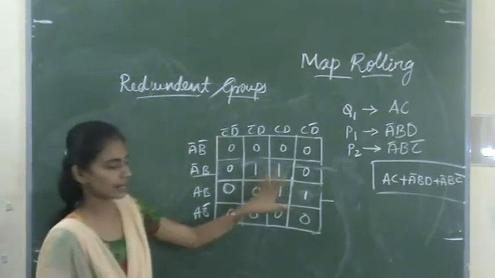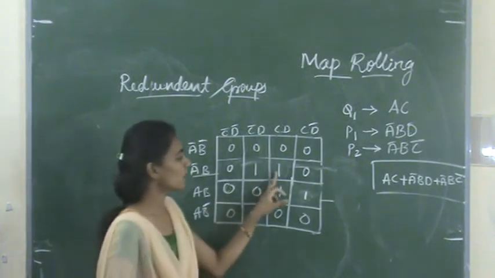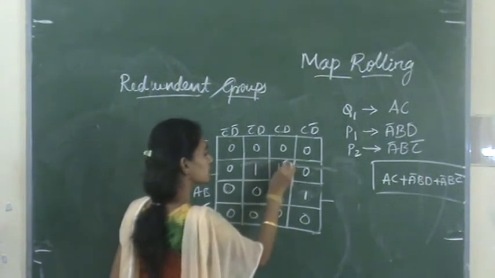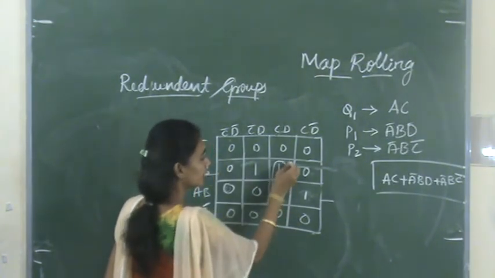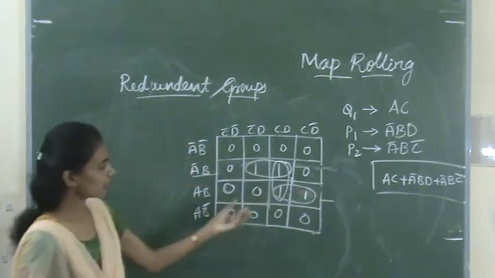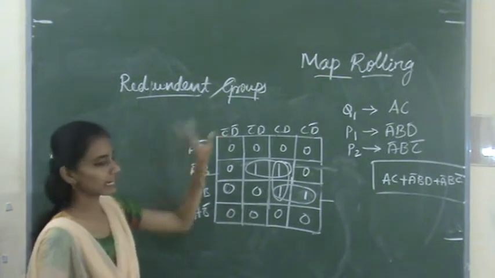So this is an example I am taking for a redundant group. Suppose we have it like this. So what we have to do first, we are doing this as a pair, and again this as a pair and this as a pair, right? So we are encircling all ones as a pair. So this we call a redundant group.